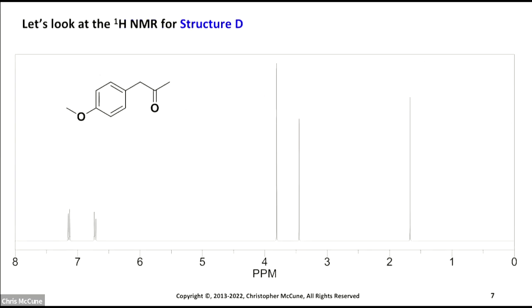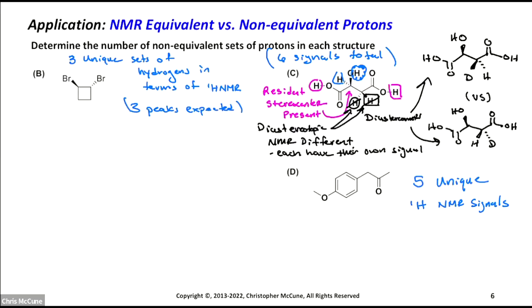All right, so let's look at the NMR structure for D. This one is kind of a giveaway now, right? So I told you there were 5 unique proton signals. I'll let you convince yourself why if you have any question.